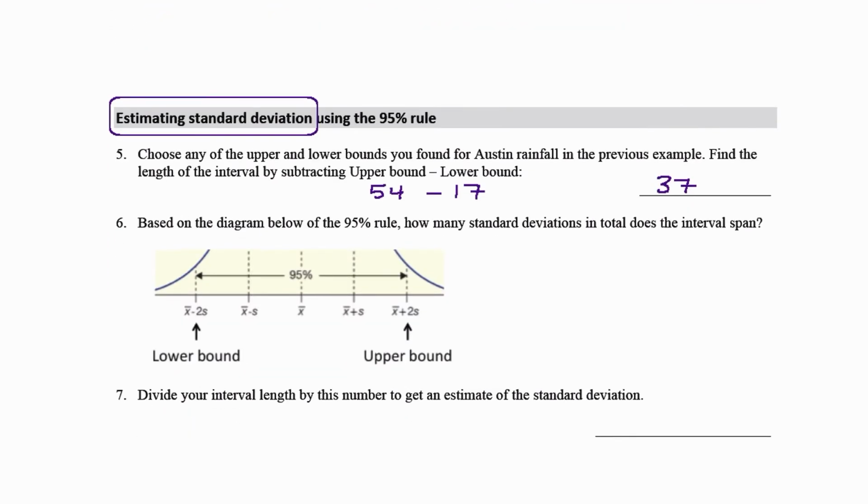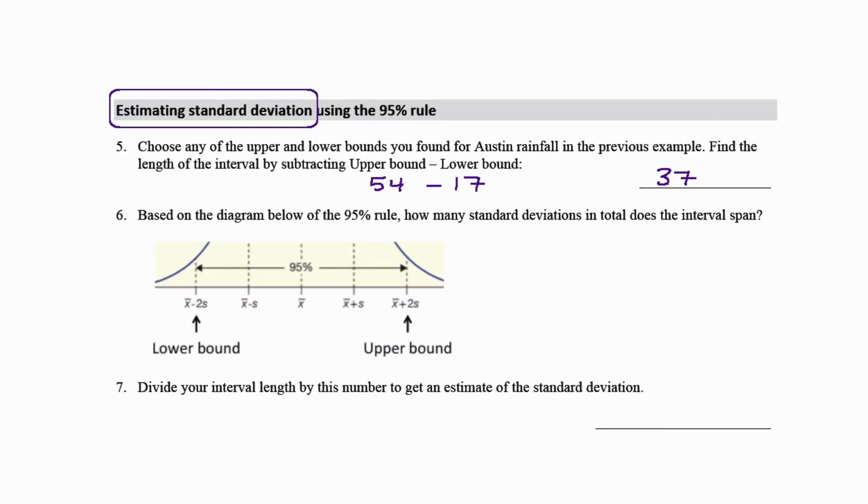Now, if I look at this picture here, I can see that from the lower bound to the upper bound, I cover 1, 2, 3, 4 standard deviations total.